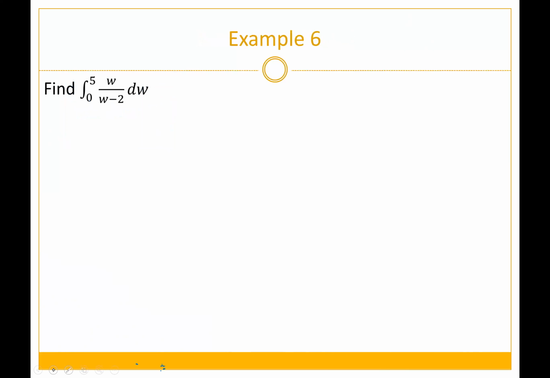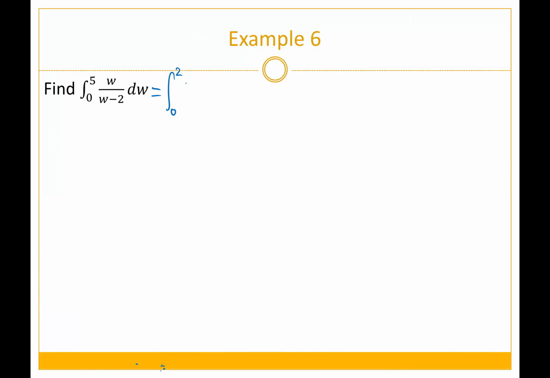This is finding the integral from 0 to 5 of w over w minus 2. The first thing that you can see here is that we have a discontinuity at 2 because it is in the denominator.